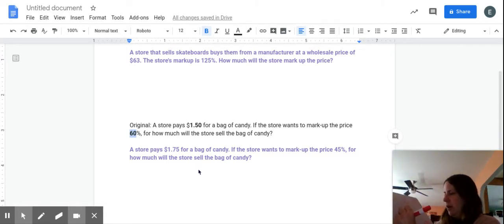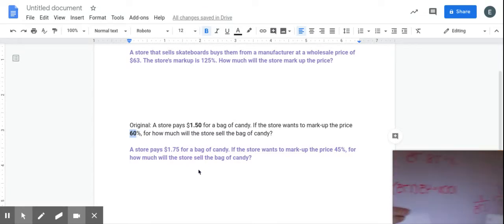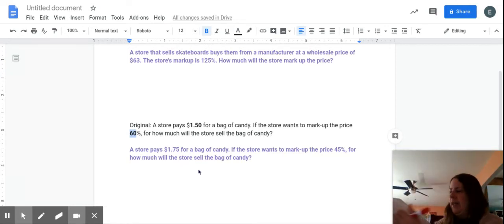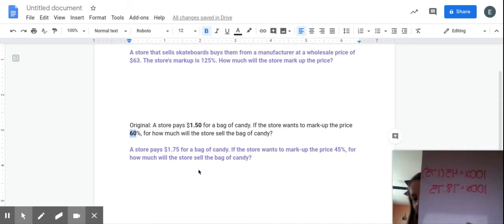But same thing, cross multiply. 100x equals 45 times $1.75. In your question, you're going to do 150 times 60. In mine, I'm doing $1.75 times 45, and I get 100x equals 78.75.